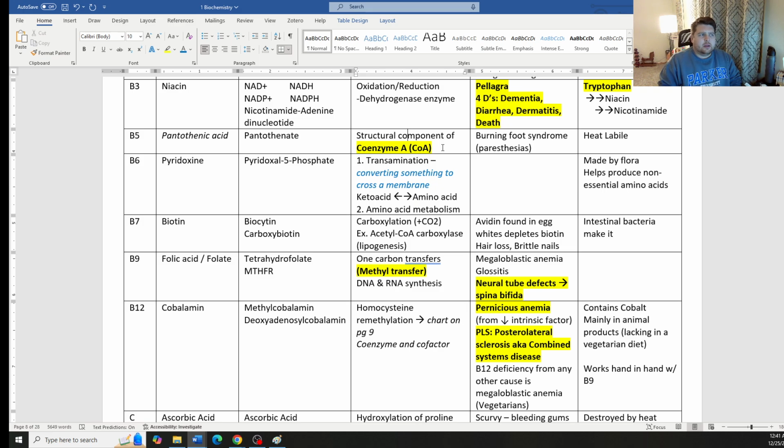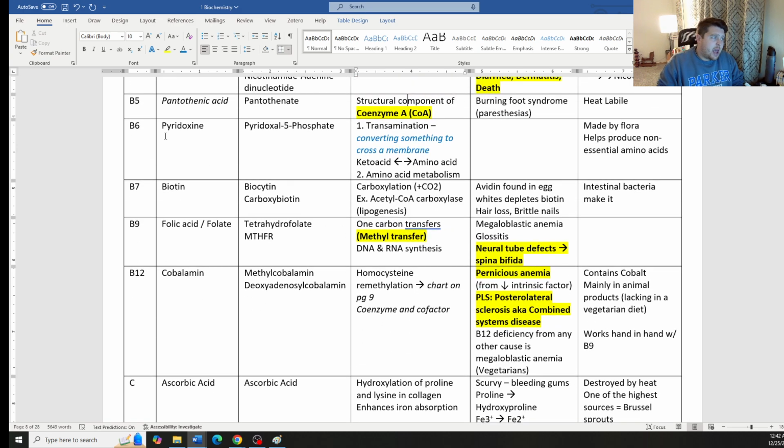We actually link a bunch of coenzyme A's together in order to produce fatty acids, as well as coenzyme A is the substance that goes into the Krebs cycle. So it is very, very important, but again, B5 not asked a ton. If it does have a condition, there's something called burning foot syndrome, where literally you have burning pain specifically on the feet. Not very commonly asked though.